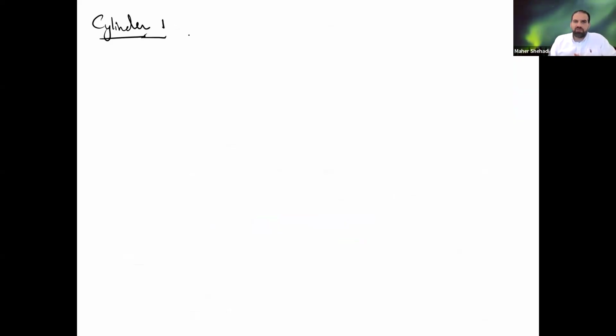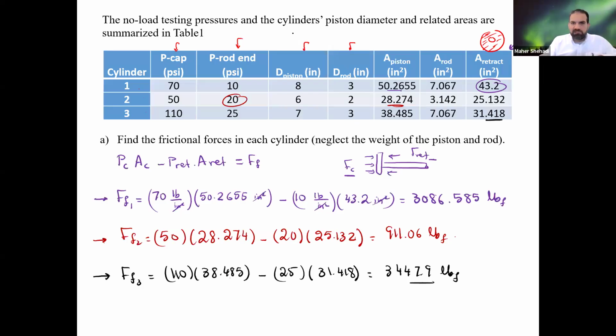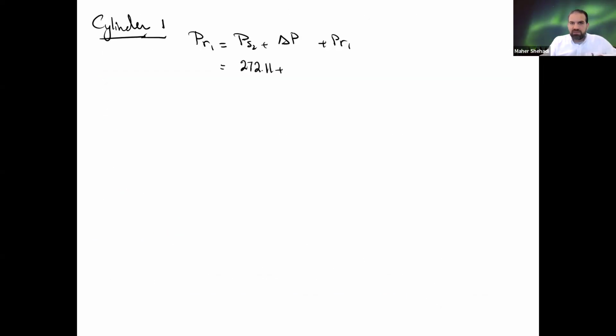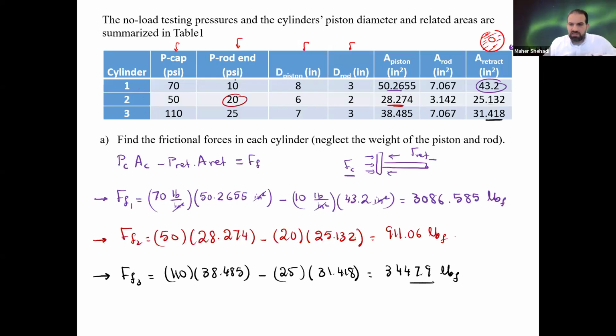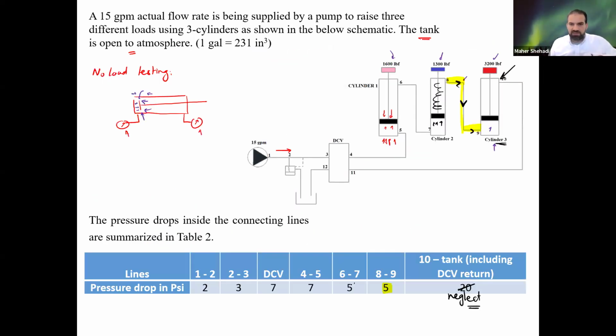So cylinder 1. So we have P retract 1 as P supply 2 plus delta P in the lines plus P retract 1. So what do we have? I have P supply 2, it's the 272. We just calculated that. Plus delta P in the lines, which is 6 to 7. And P retract 1 is 10. Let's check what's 6 to 7. It's 5 as well.